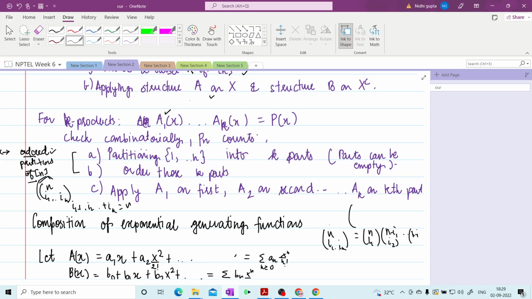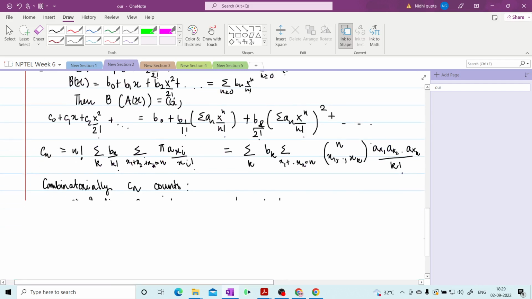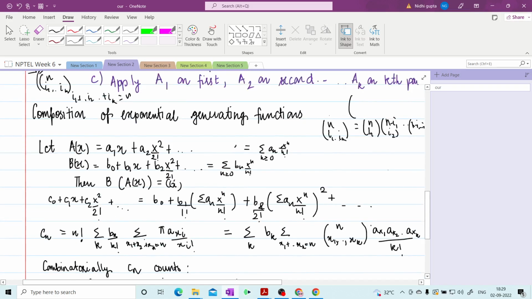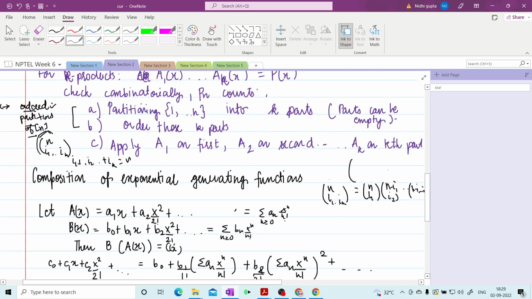The last term is n minus i1 minus i2 minus ... minus i_{k-1}, choose ik. So you see that this is basically doing that.